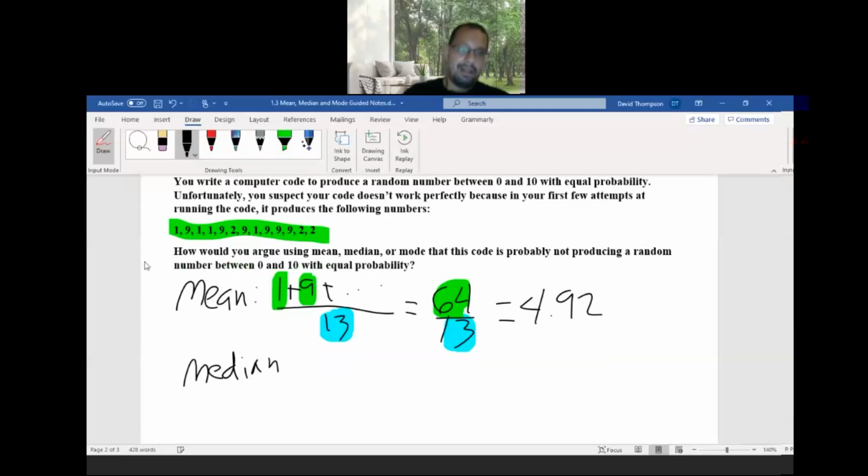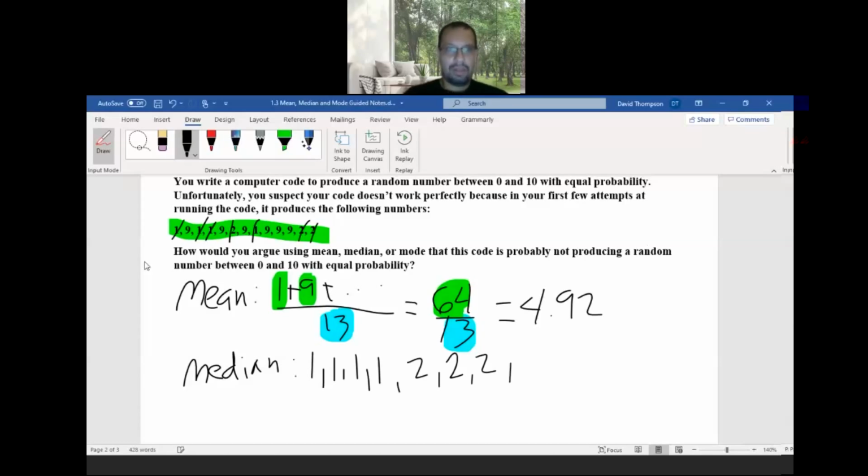So now let's find the median. Put them in order: 1, 1, 1, 1, 1, 1, 1. And then we have 2, 2, 2.